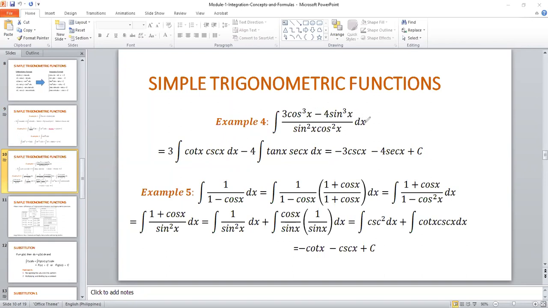Wait, class. I'll go to the Jamboard and show you how it's done, so that you will learn the step-by-step processing. Let me share the Jamboard so we can write something there.